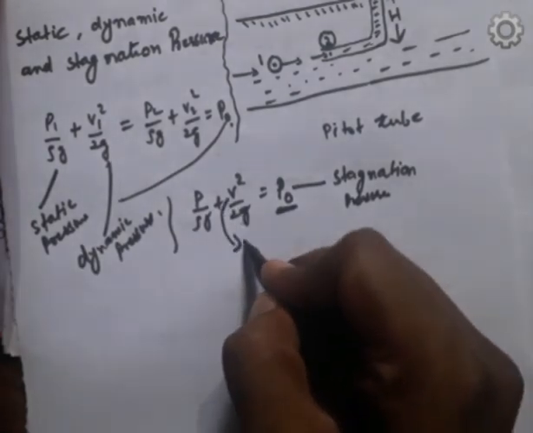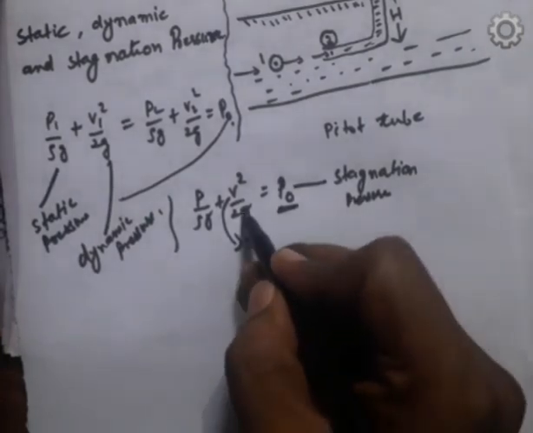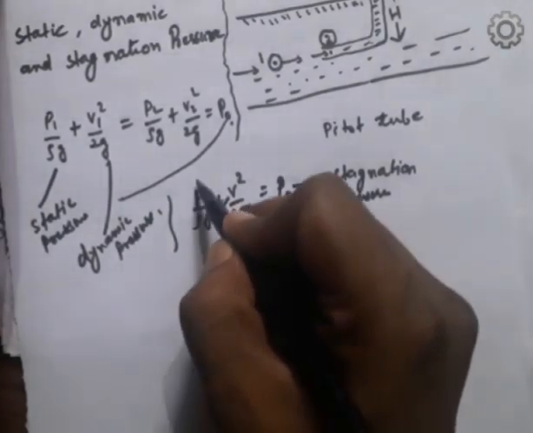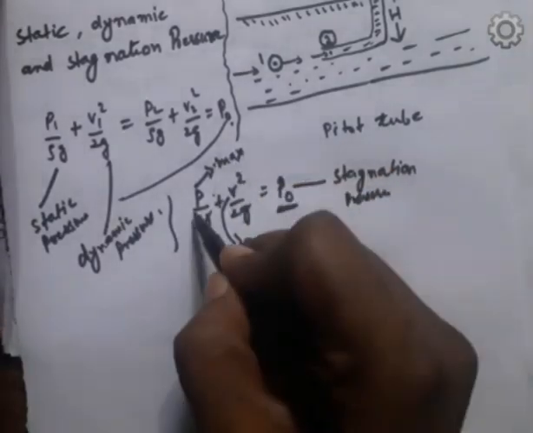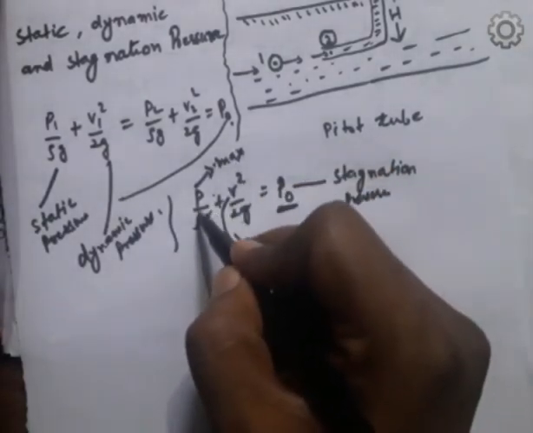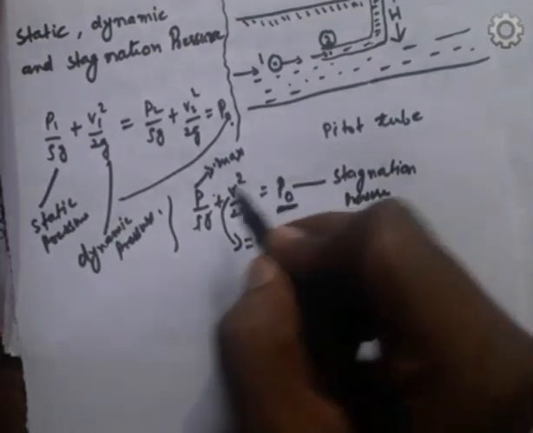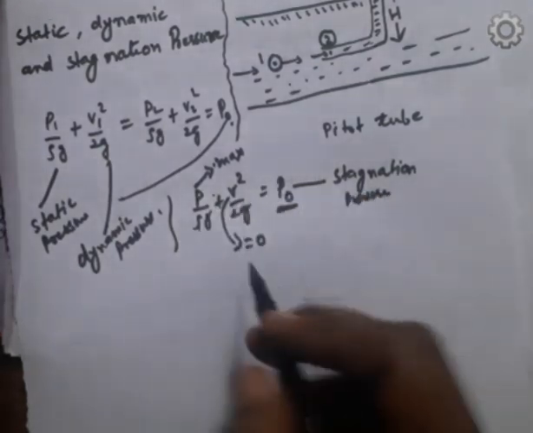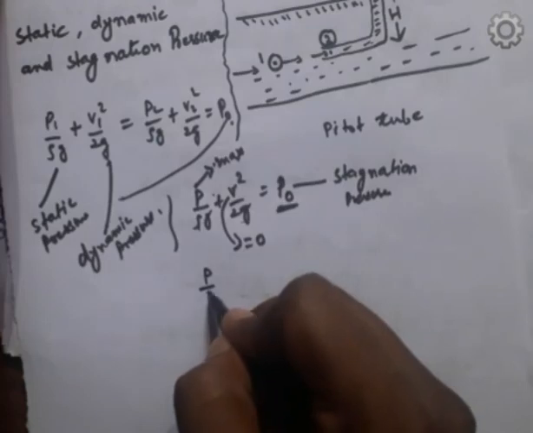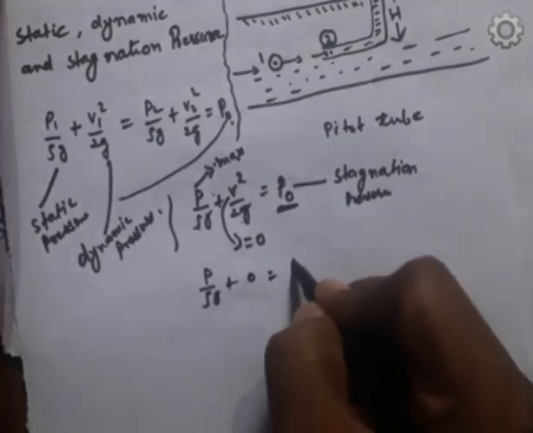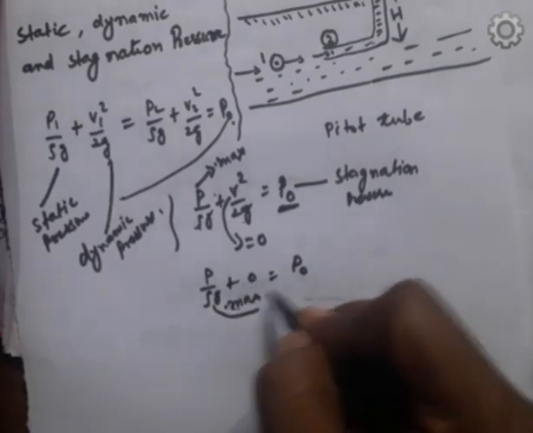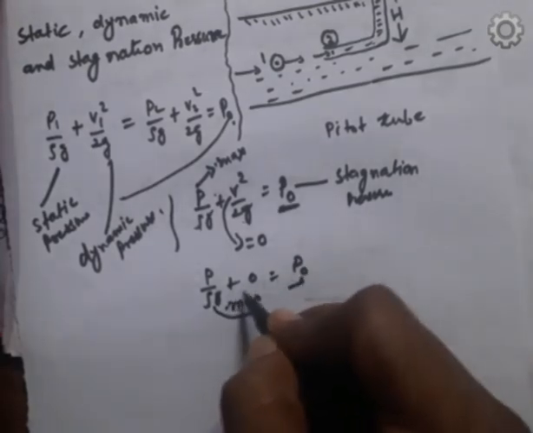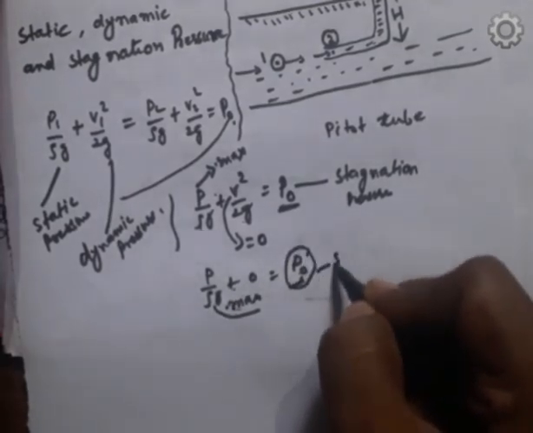Stagnation pressure is defined as the pressure when the velocity becomes zero. When the velocity becomes zero, this pressure will be maximum, and in that case P by rho g plus 0 is equal to P naught, and that P naught is the stagnation pressure.